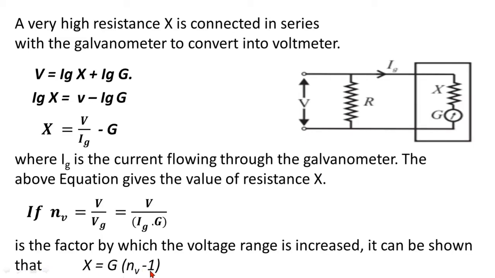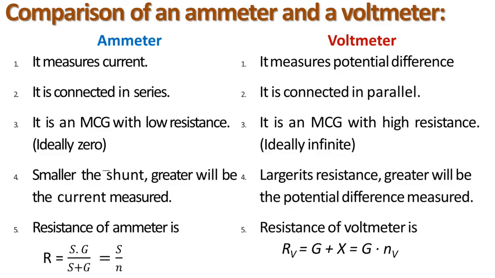Comparison of an ammeter and a voltmeter. Ammeter is used to measure current. Voltmeter is used to measure potential difference. Ammeter is connected in series in the circuit, and voltmeter is connected in parallel.